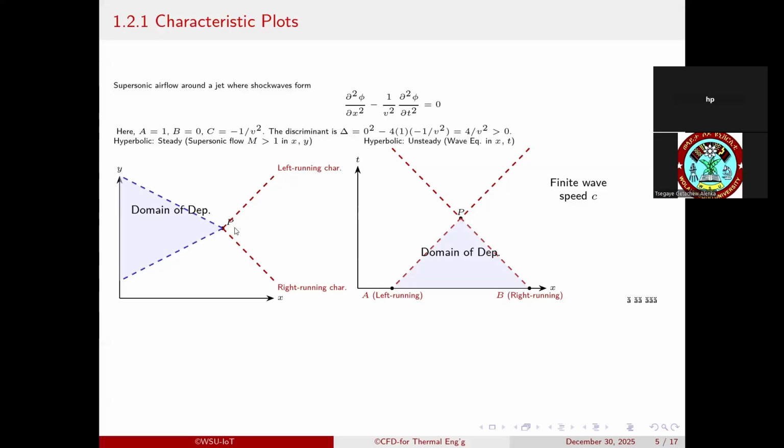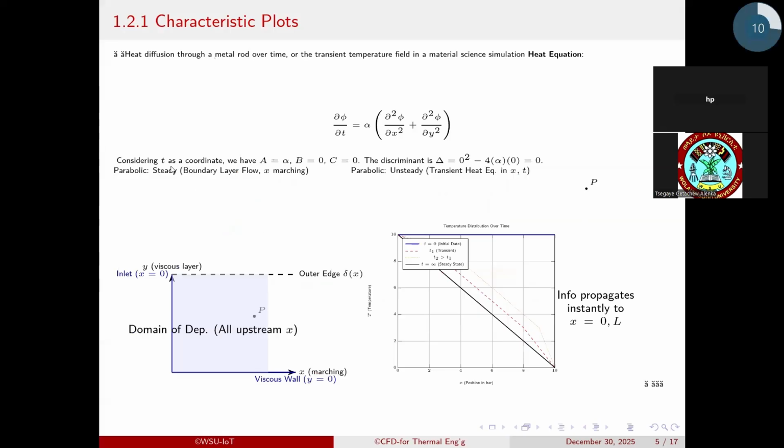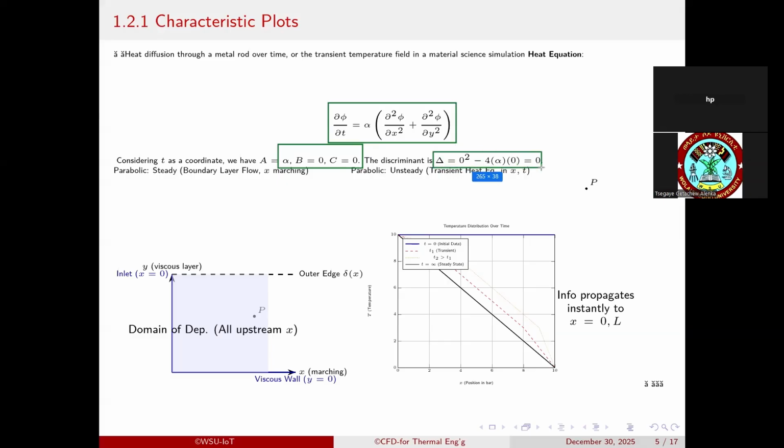The second problem is the heat equation, which has A equals alpha, B equals 0, C equals 0. The discriminant is delta equals 0 squared minus 4 alpha times 0, which is 0, with one real characteristic.